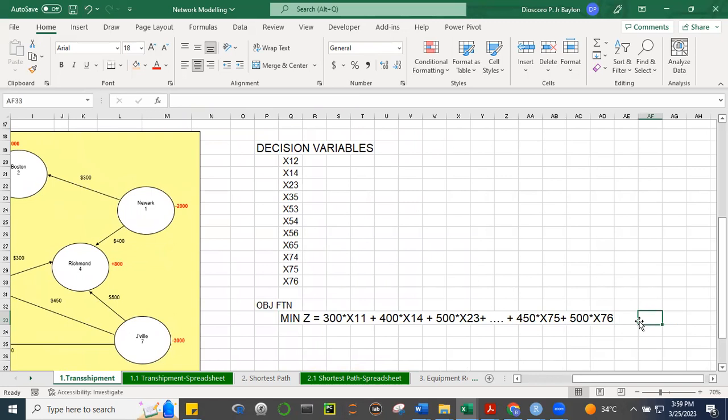So this is our total transshipment cost, shipping cost, transportation cost, however you call it.